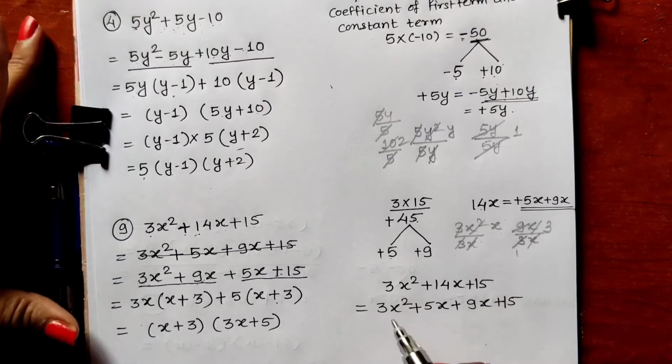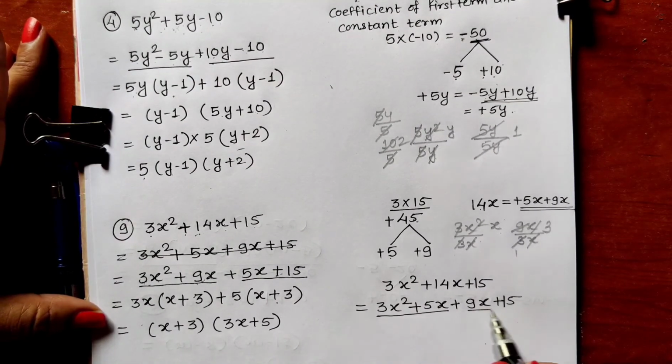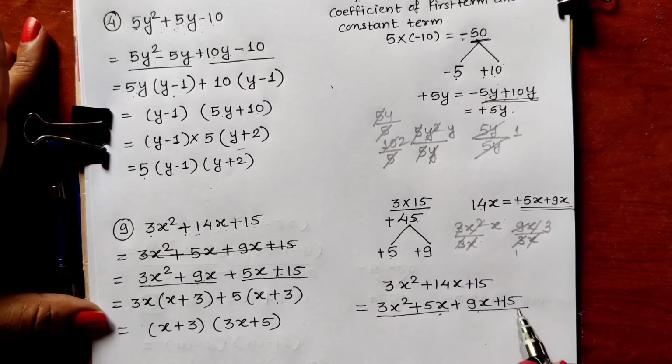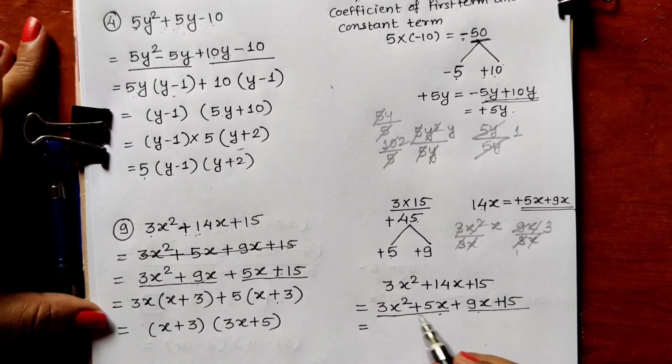Now as we all can see, we have to take out common from first and second term, from third and fourth term. From first and second term x is common, but we cannot take out number common, because 5 is not divisible by 3, so we cannot take out common number. Only x is common, only variable is common.